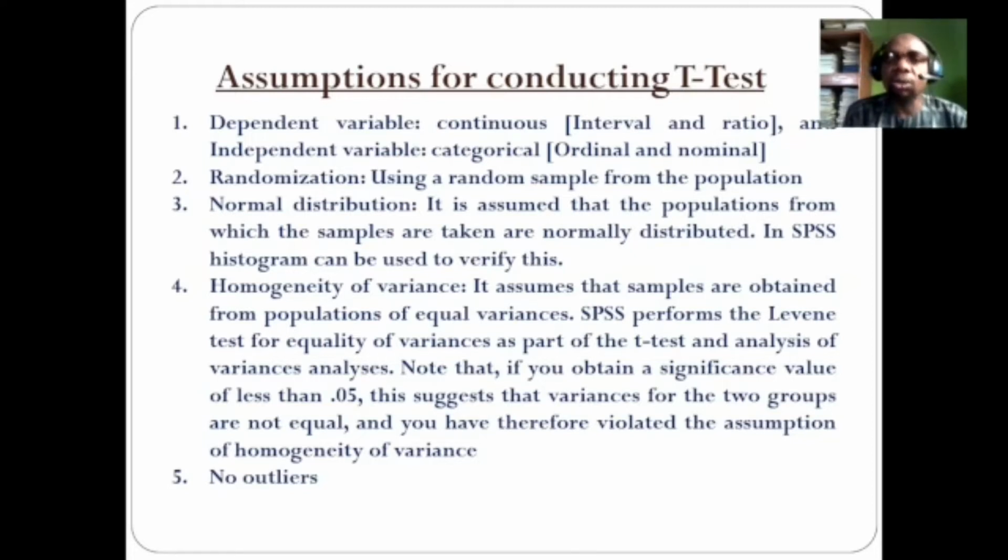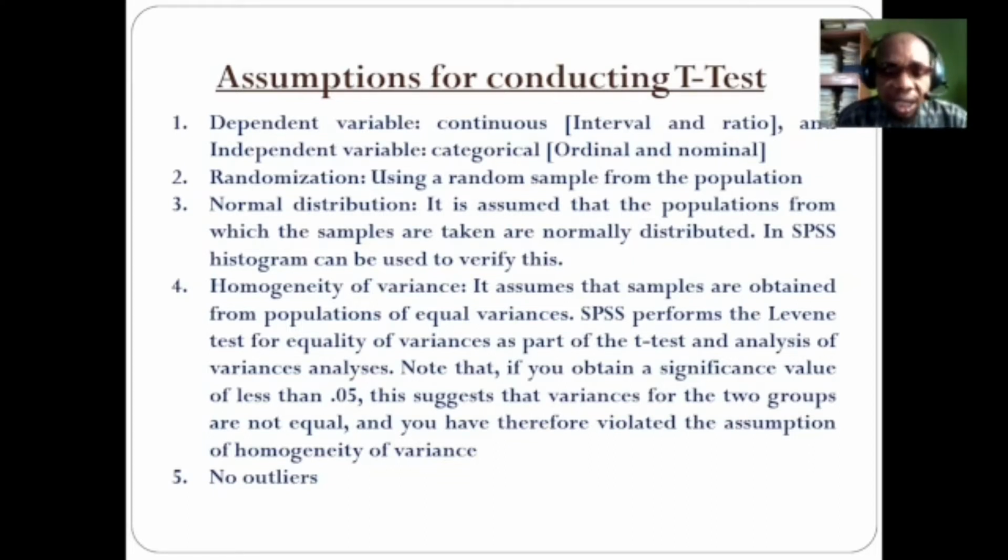Under this, we are going to look at Levene's test for equality of variances as part of the t-test or ANOVA. What is very important here is that we must know that the significance value of this should be greater than 0.05.